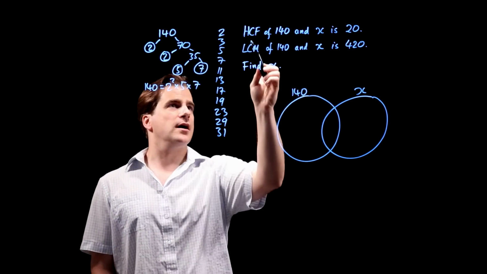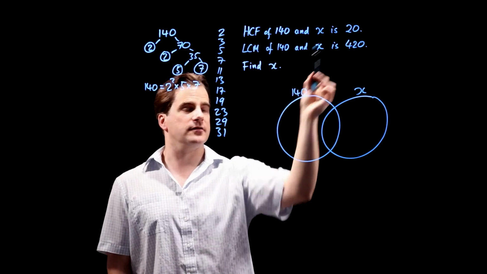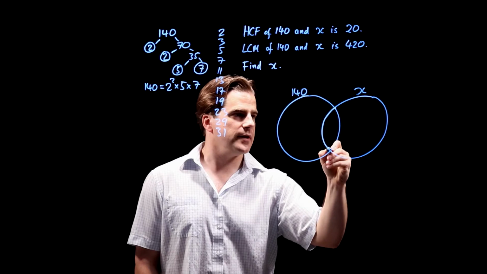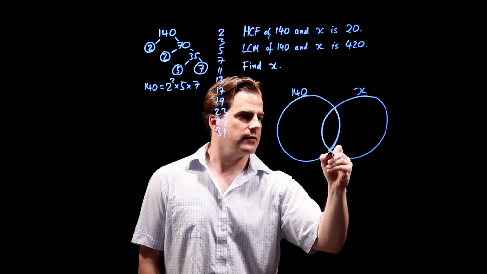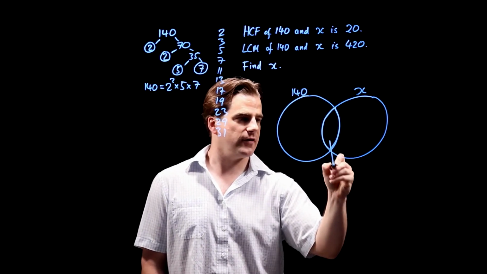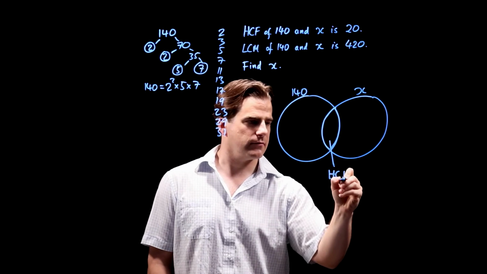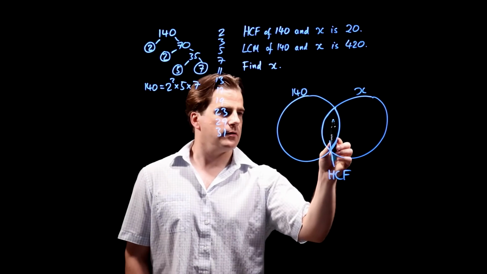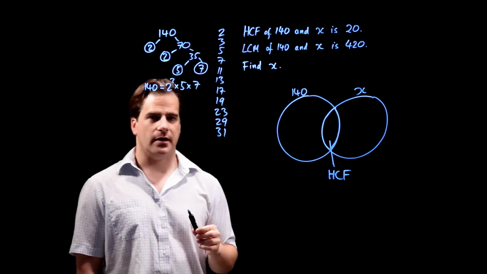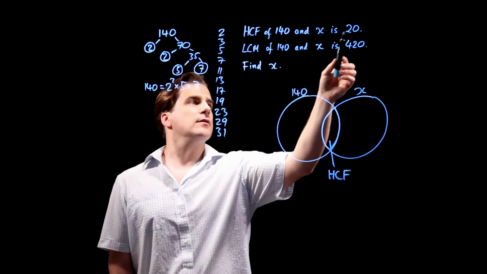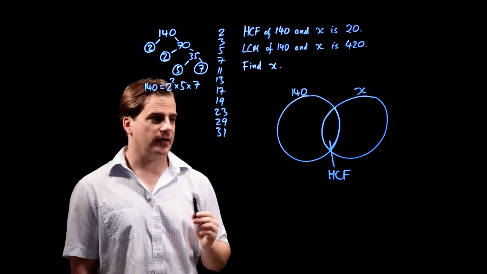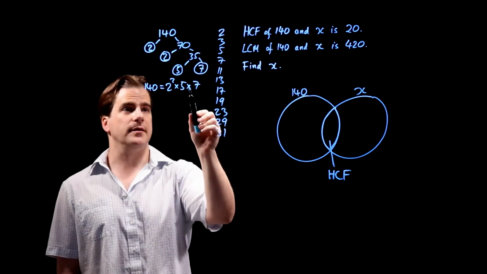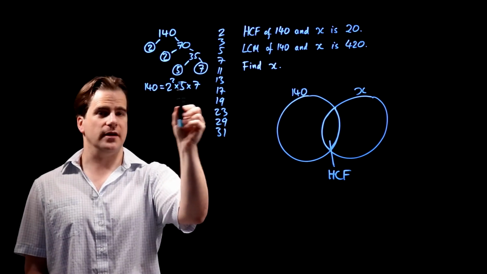We know that the highest common factor of 140 and x is 20. This region in the middle here is the highest common factor region. Whatever numbers are in there must multiply to give 20, and they must be made up of some or all of these.